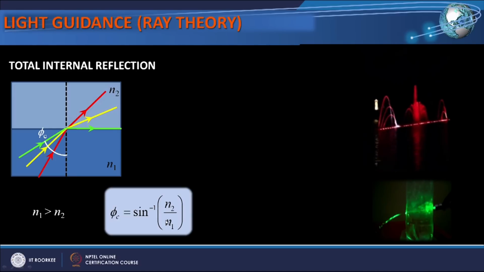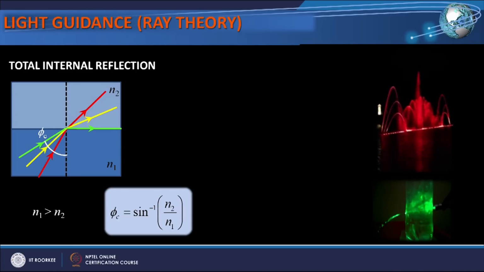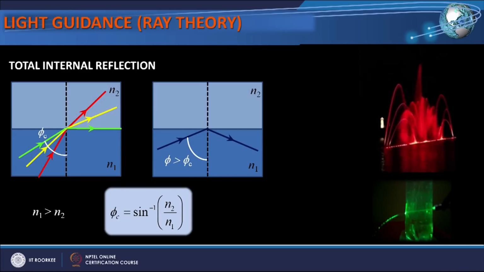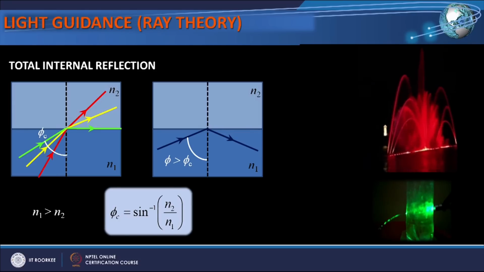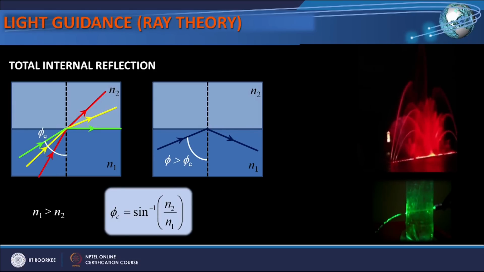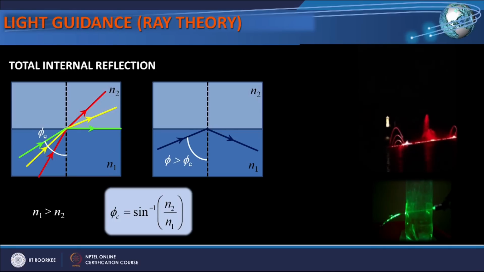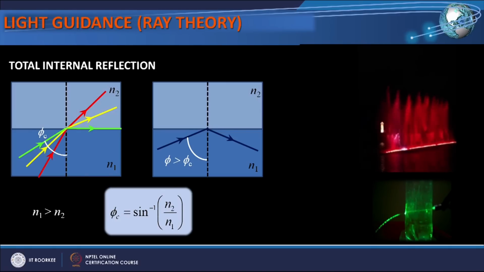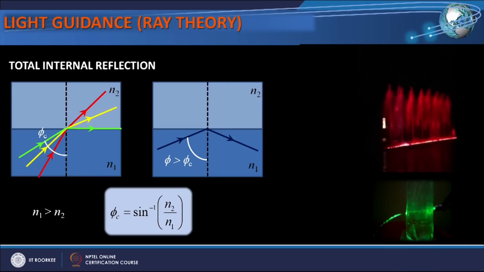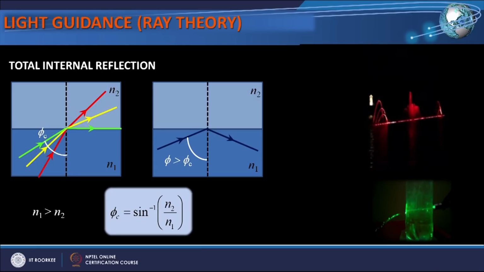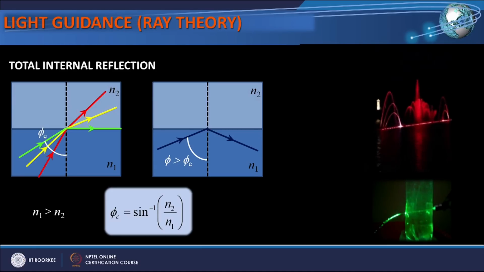Now, if I incident a light ray which makes an angle larger than phi c, then this light comes back into the same medium. This is known as total internal reflection, and the condition for total internal reflection is that phi should be greater than phi c, the critical angle.